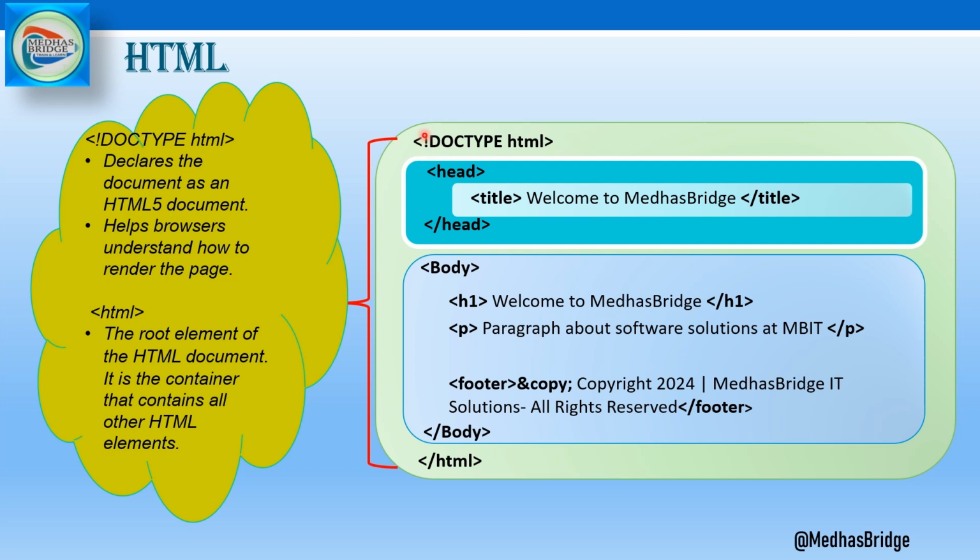This bang doctype lets the web browser know what HTML standard it uses, and then it renders accordingly. Okay, so the starting of the tag, the ending of the tag, and all other HTML tags should be enclosed within the root tag. I hope you are clear.